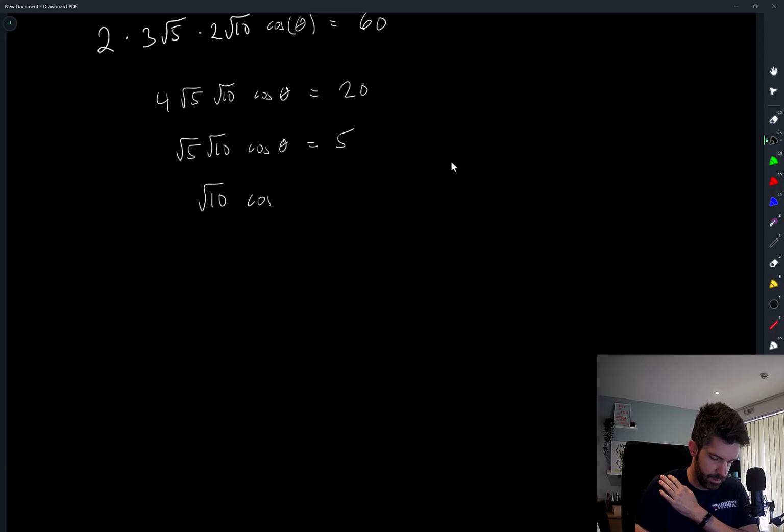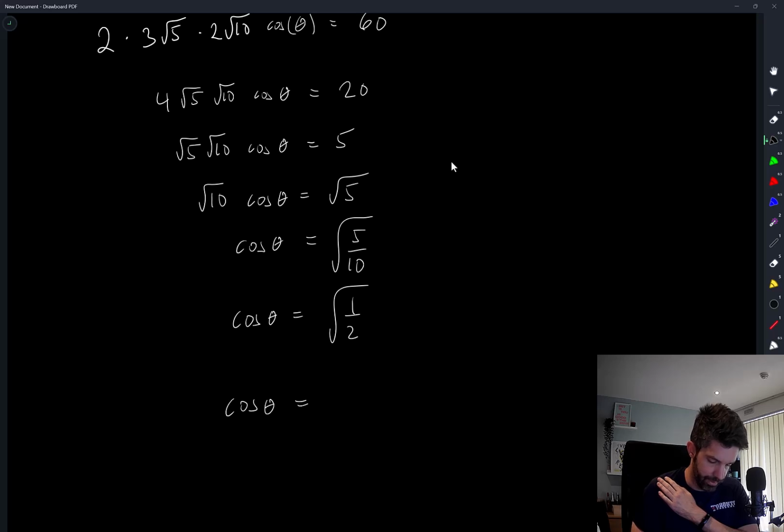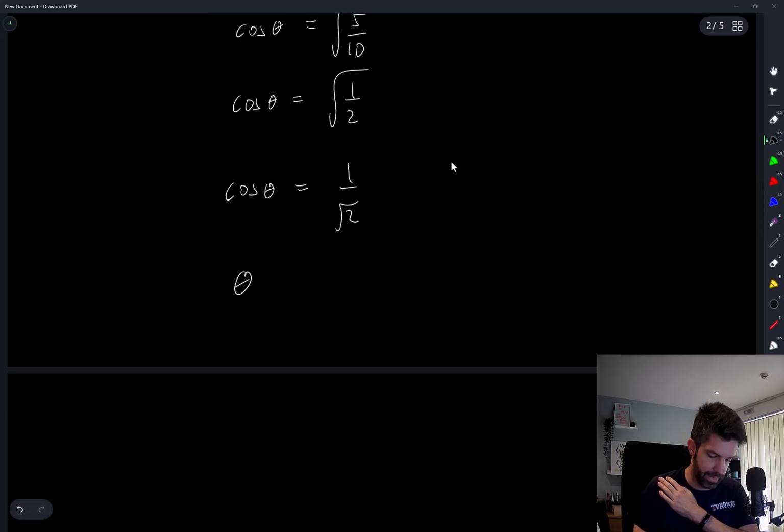Root 10 cosine theta is equal to root 5. And this gives cosine theta is equal to root 5 over 10. Cosine theta is equal to square root of 1 over 2. Cosine theta is equal to 1 over root 2. And this means theta is equal to 45 degrees.